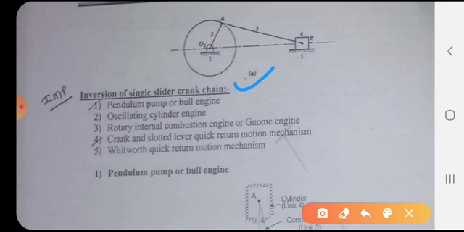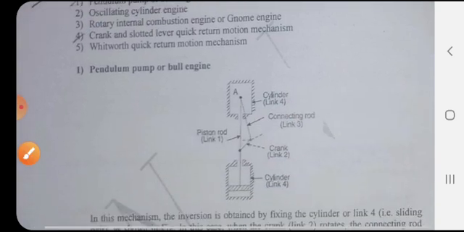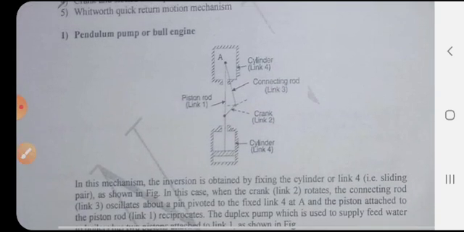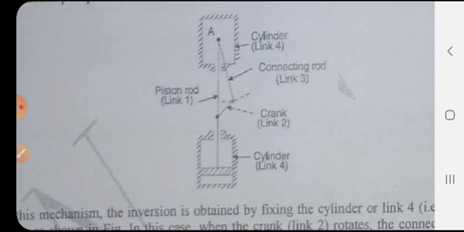As per the DTE board syllabus, you only have to study the pendulum pump and the crank and slotted lever mechanism.